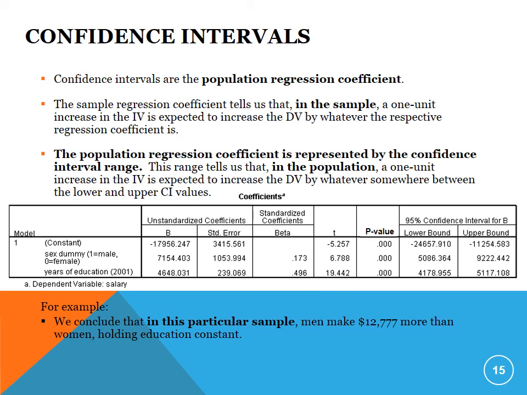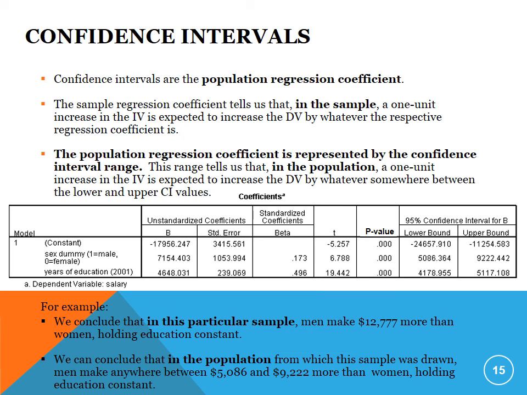Then we move over to the population, go all the way down to the lower and upper bound for the 95% confidence interval, and we can see that the lower bound is 5,000 and the upper bound is about 9,200. So it's telling us that in the population from which the sample is drawn, men make about $5,000 to $9,000 more than women, holding education constant.